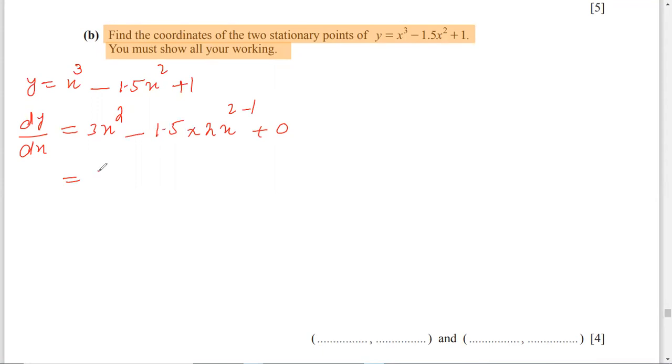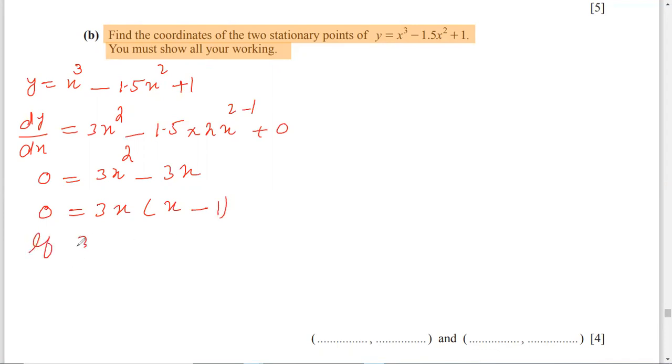By simplification, 3x squared minus 1.5 times 2 is 3x. According to the procedure, put the first derivative equal to 0 to get the x coordinates. So by factorization, 3x is a common factor. The remaining terms are x and minus 1.